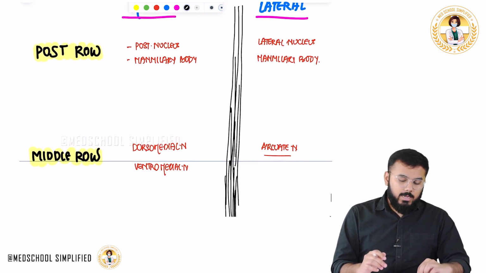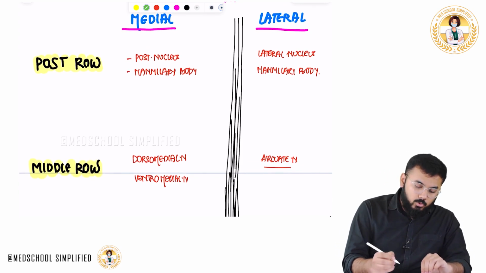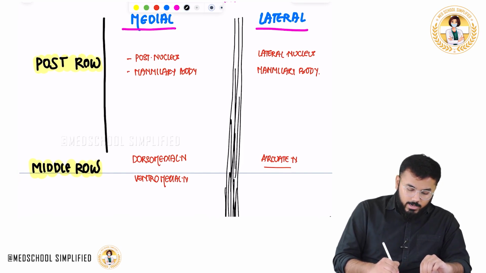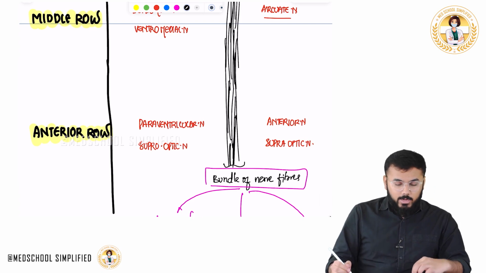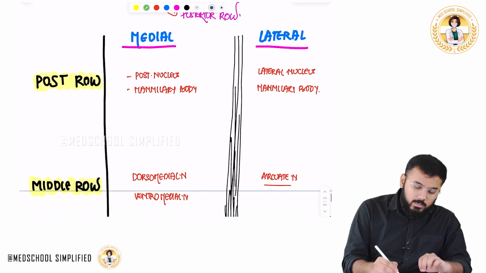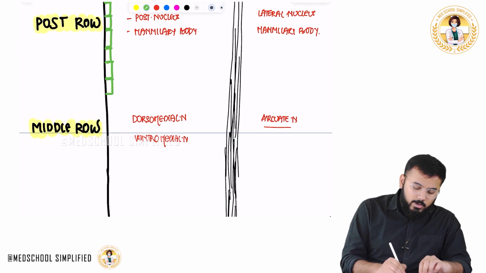Next important thing is that here, if you very clearly see, just next to the medial zone, you have got another important thing. You know what is this important thing which I am drawing? This is lined by some very important cells. These cells are called simple cuboidal cells.